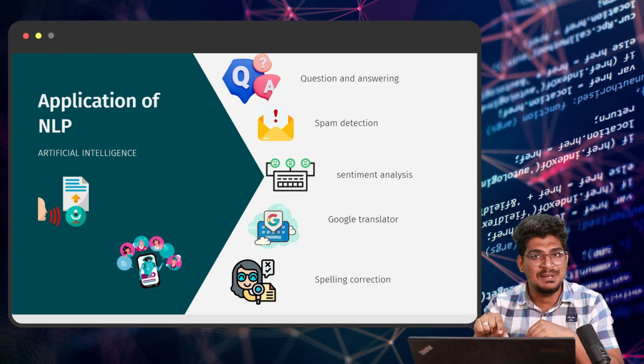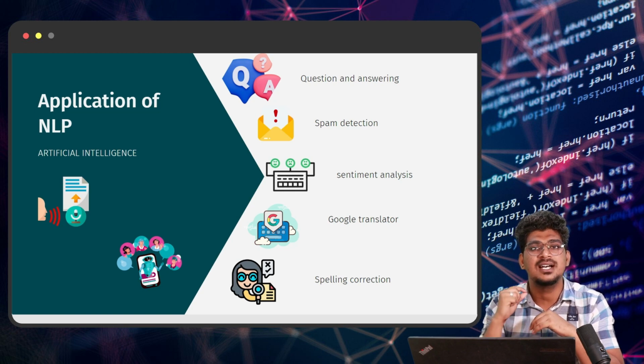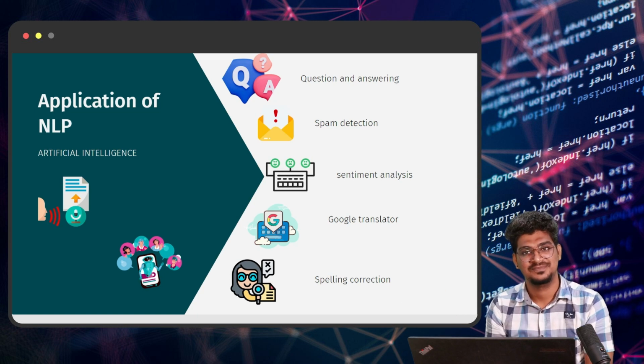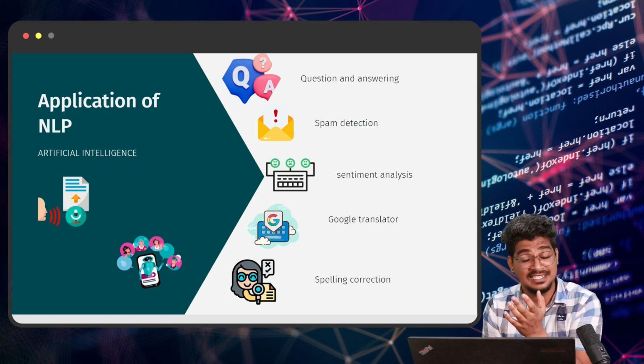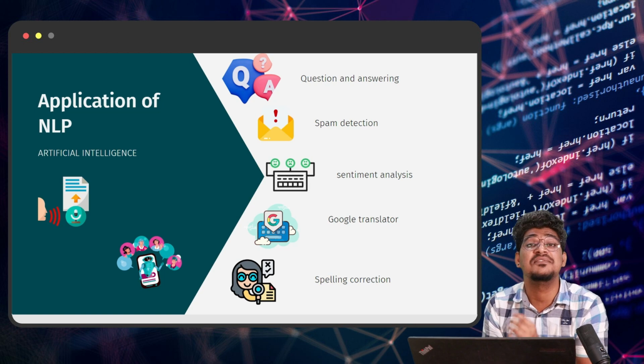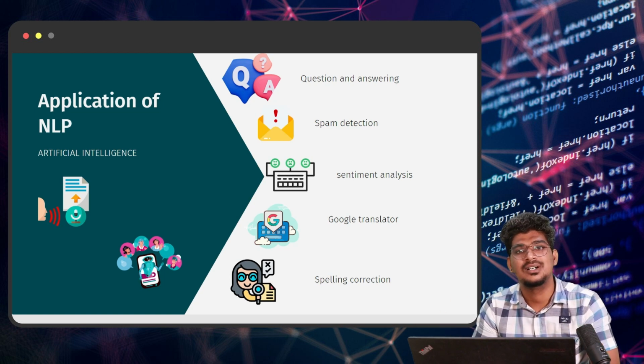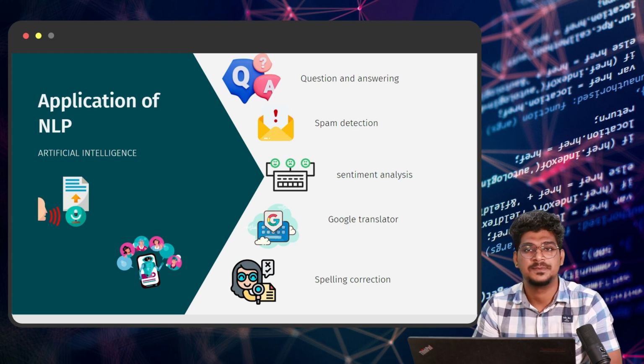With the help of NLP, it becomes possible for humans to communicate with the machine. That is the best example, question and answer, in virtual assistants like Google Assistant, Alexa and Siri.